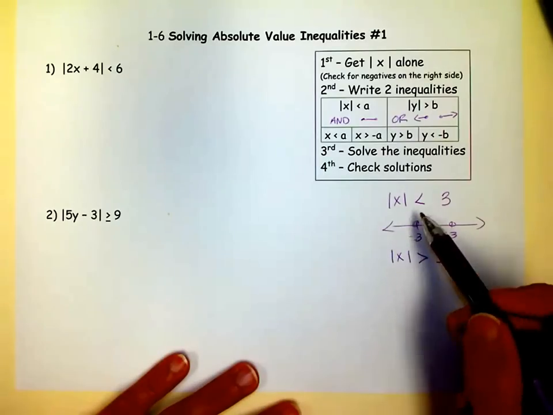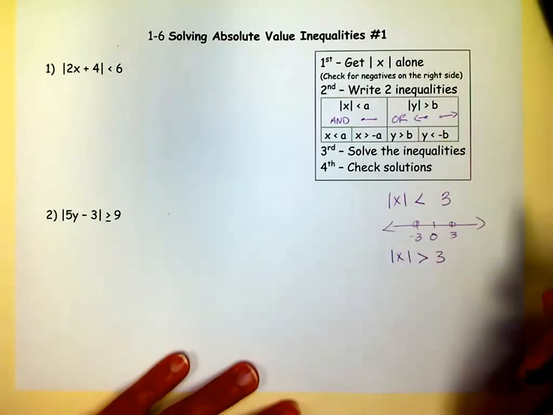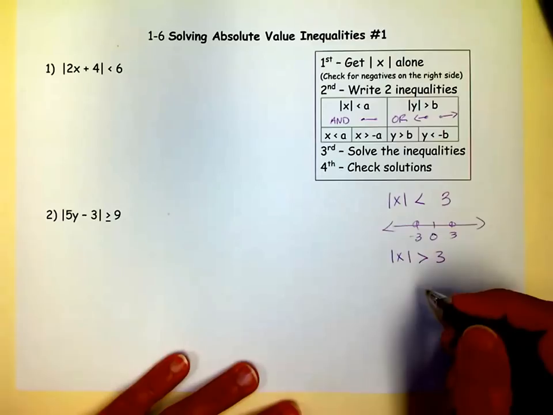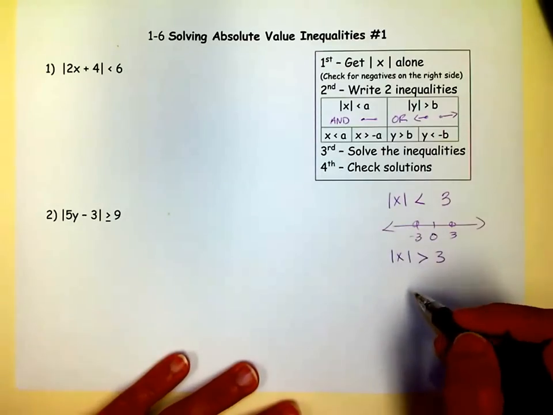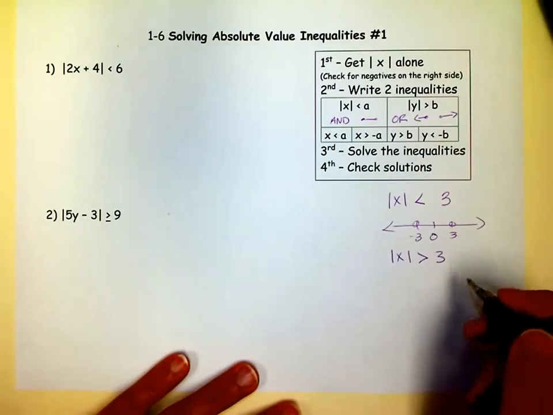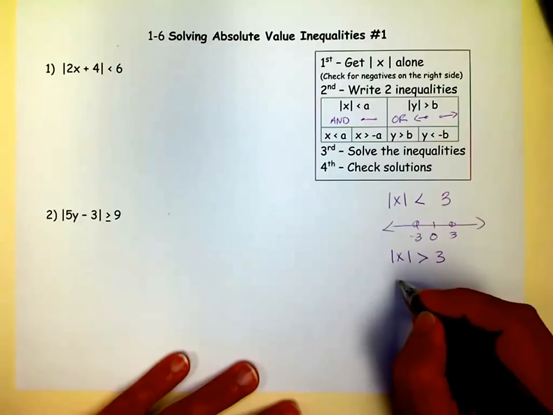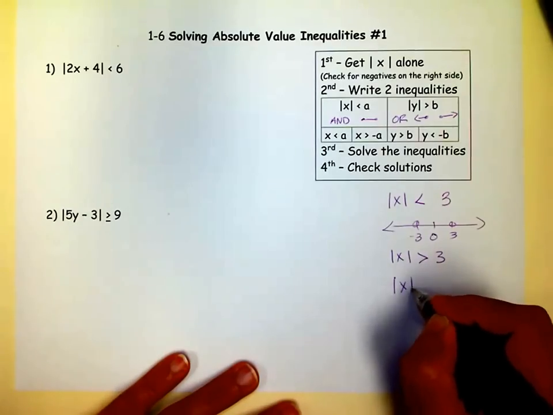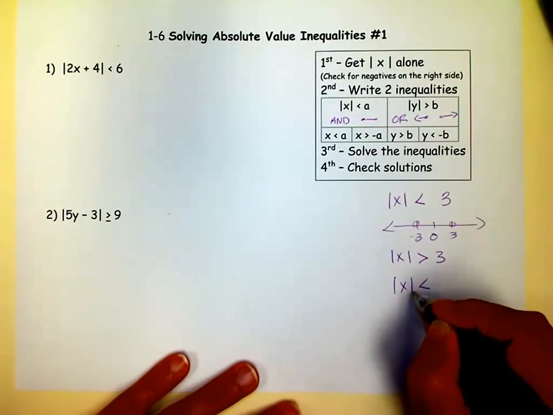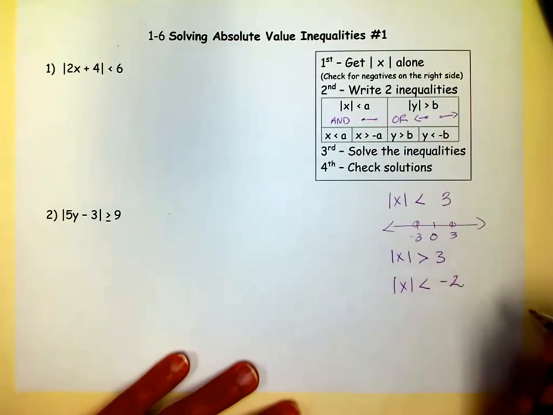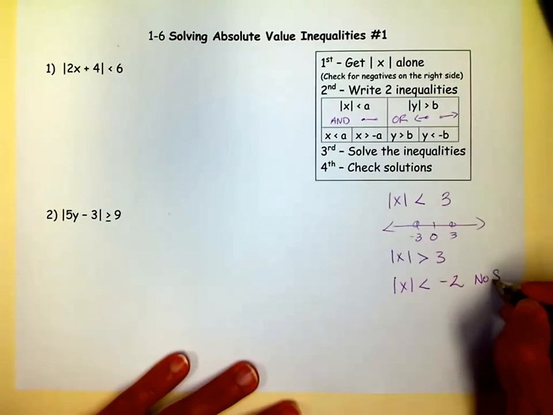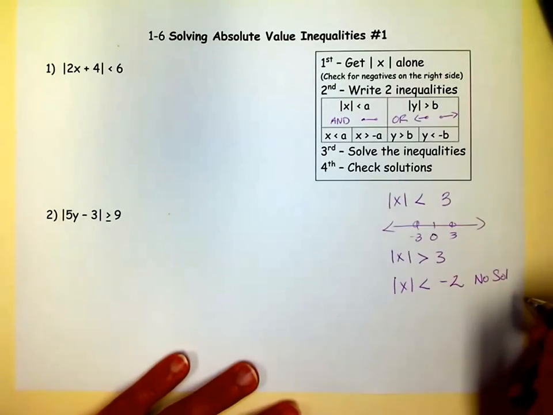Now every once in a while, remember we check for negatives on that right side. In equations, when the absolute value was alone and we had a negative on one side, it meant there was no solution. It's a little bit different when you're dealing with inequalities, because if I say I want all the numbers that are less than -2 away from 0, that one is similar to the other one. That's a no solution. You can't be less than -2 away from 0 on the number line.